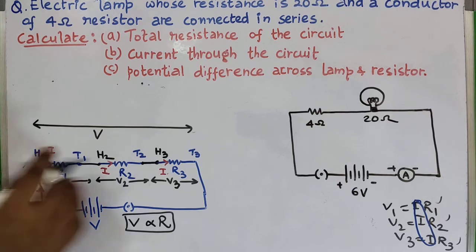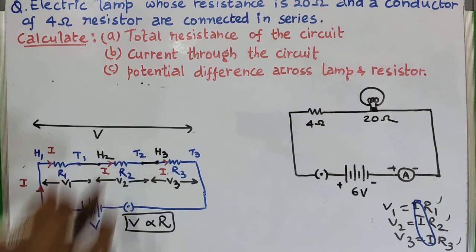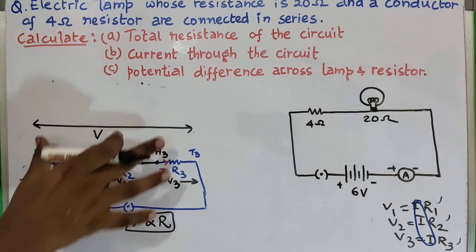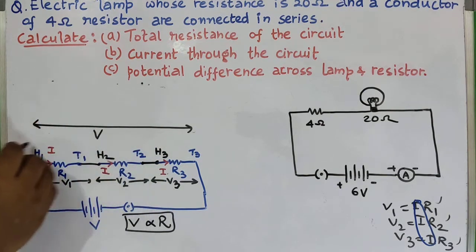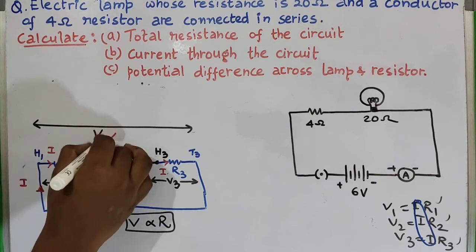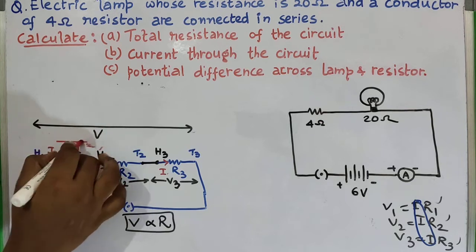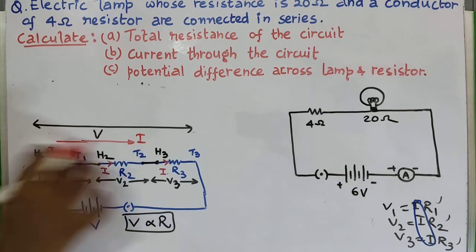So the net potential difference across the ends of the conductor is V. And what is the current flowing through the combination of the resistors? I current is flowing through the combination.